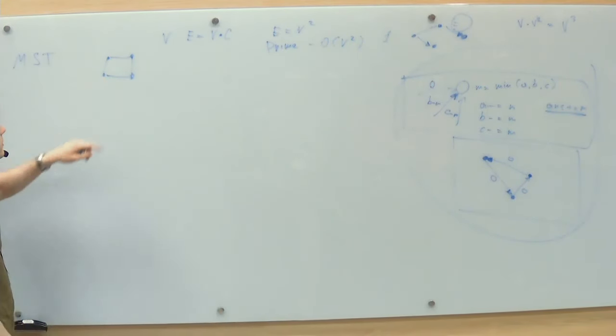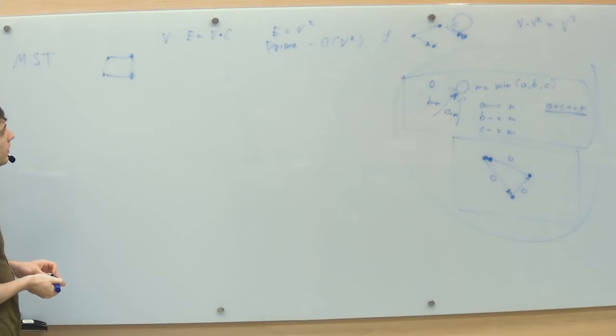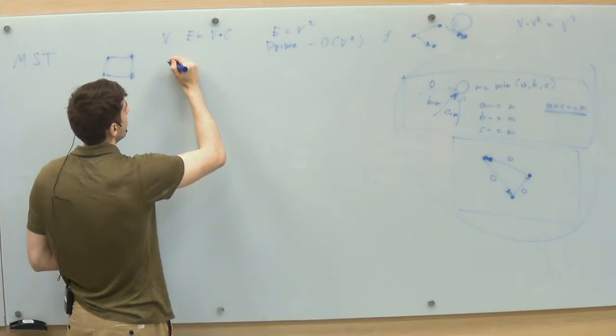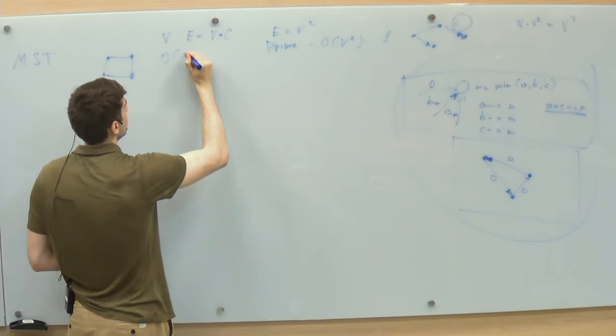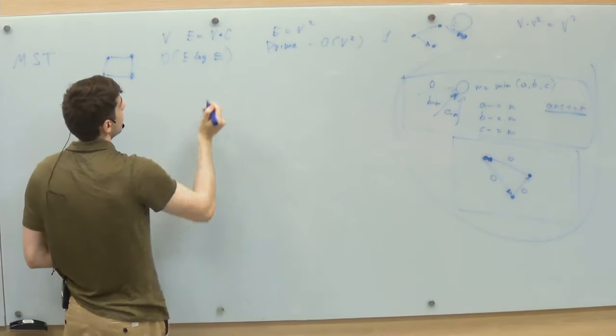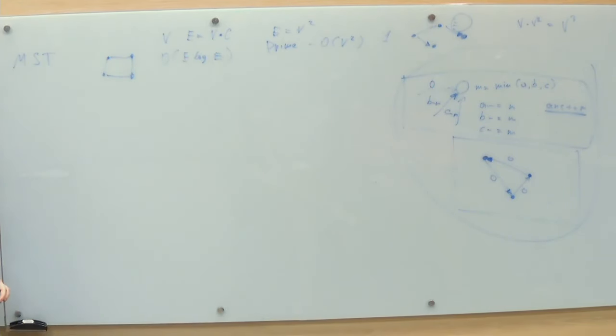And in the case of the sparse graph, now these are classical algorithms, right? Which work in E log V. Yeah, you know both of the algorithms, right?